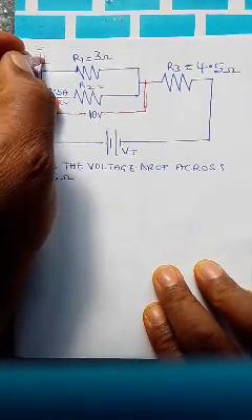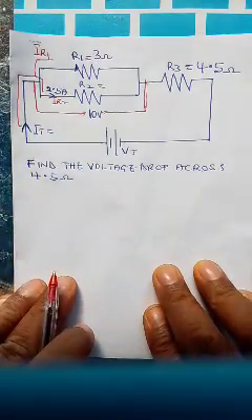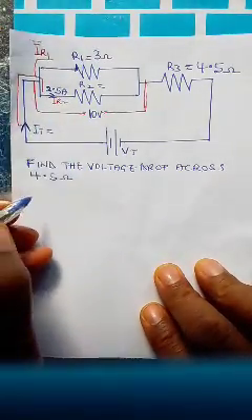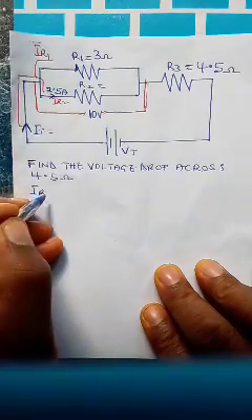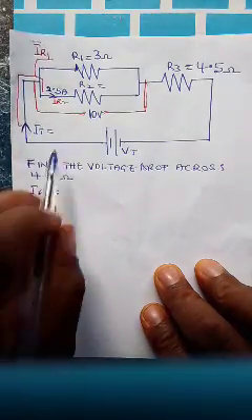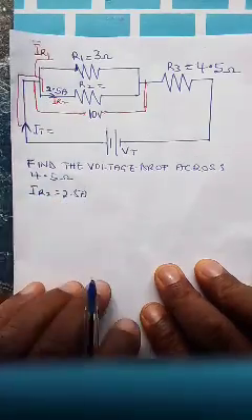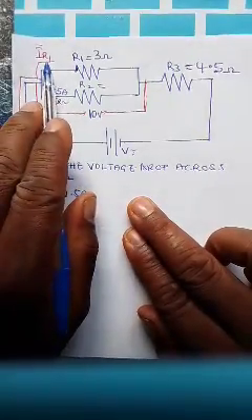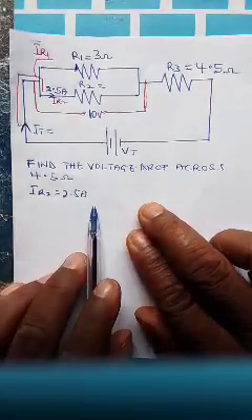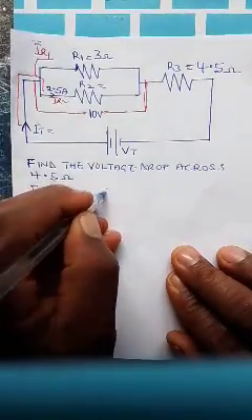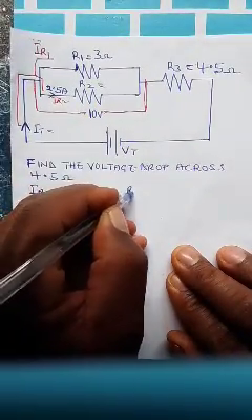So the current in R1, we have to look for that. Before then, let's put the current in R2, which is 2.5 amps. To find the current in R1, let's first of all find R2.